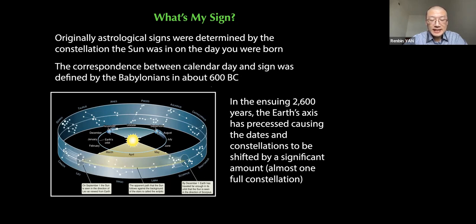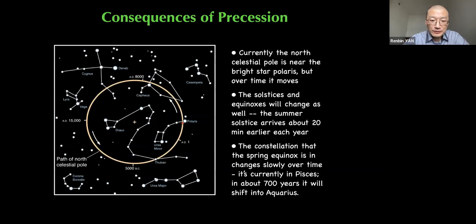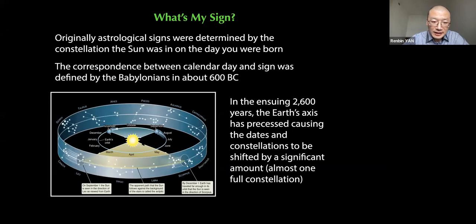So 2,600 years ago, at 600 BC, that was about 1/10 of this period. Basically the position of the north celestial pole will move about 1/10 of that circle, and that is causing a shift between the dates and the constellations.